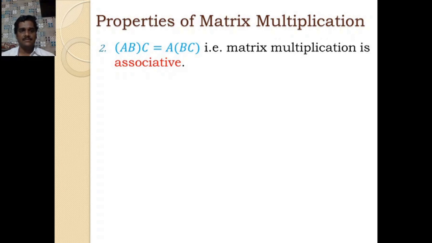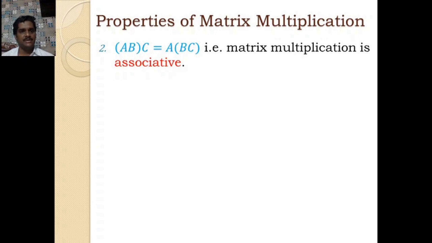What we have here, if you concentrate on the left side, A into B into C means you are multiplying AB first, and whatever is the result, you are multiplying that with C. Whereas in the RHS, you are multiplying BC first, and whatever is the result, A is multiplied with the result. So matrix multiplication is associative.